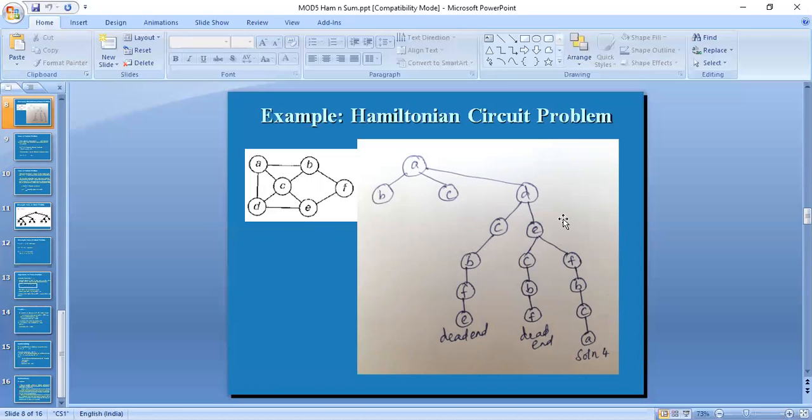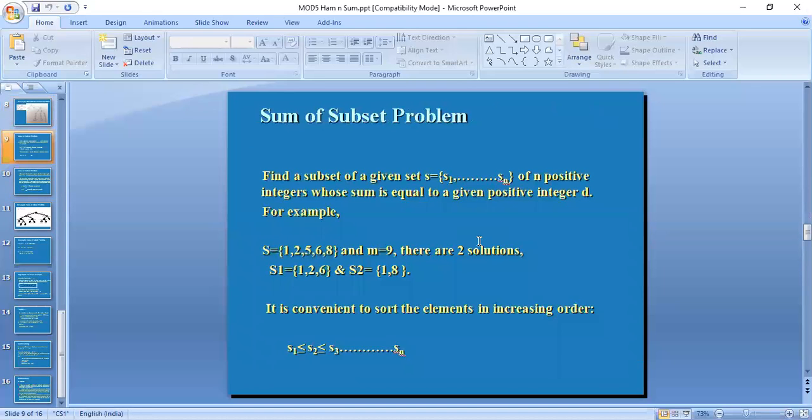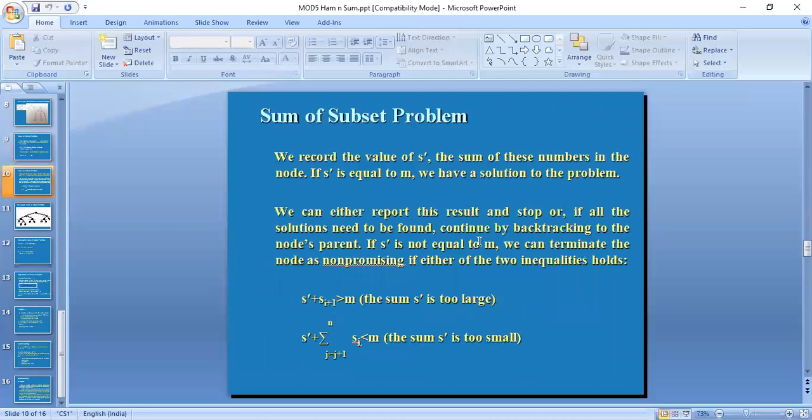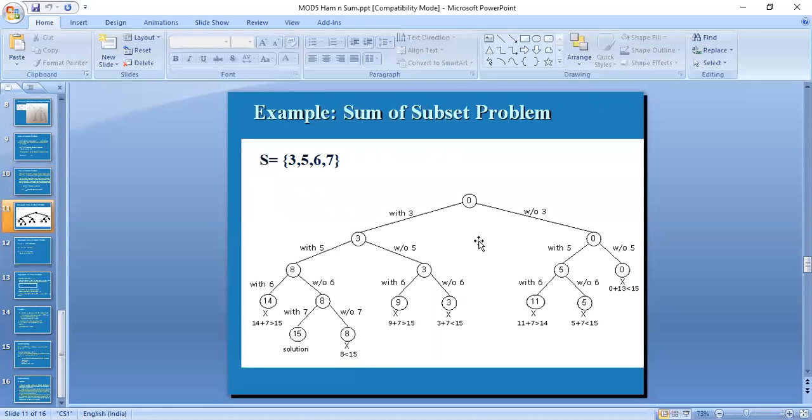The number of children is based on the number of choices. Here in the sum of subset problem, it is not going to be dynamic, it is going to be static. It will not vary at each level.